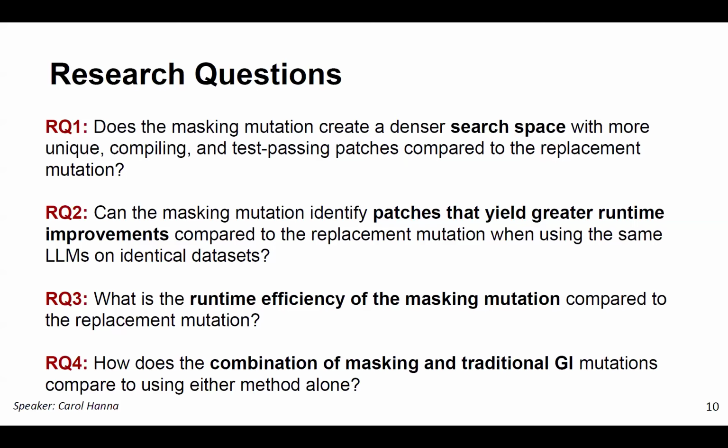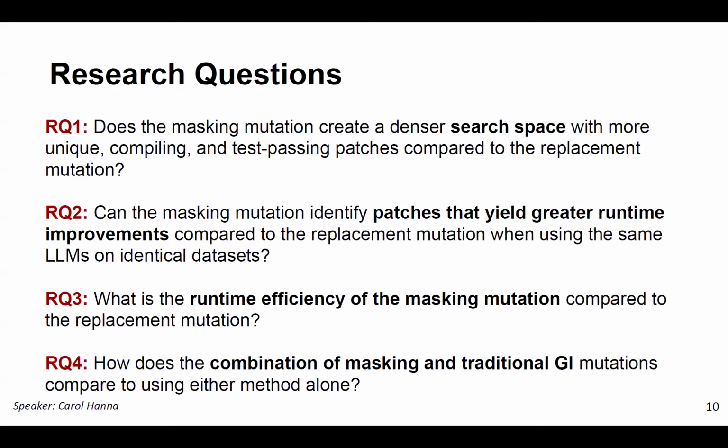Then we ask whether the patches that are generated yield a better runtime improvement in comparison with other approaches. We also ask whether the runtime efficiency of employing this masking operator improves. So what is the model response time of prompting the LLM with code completion versus replacement in this instance?